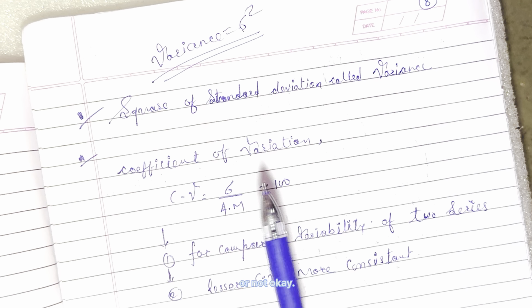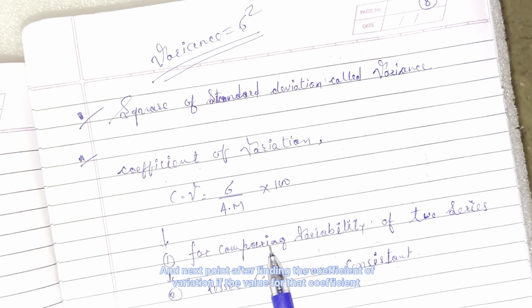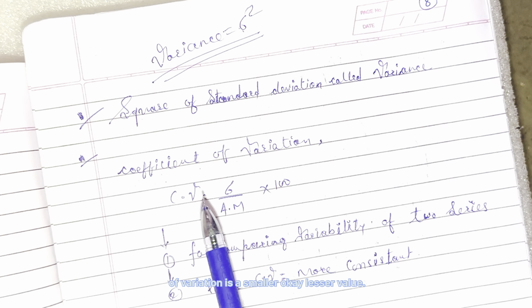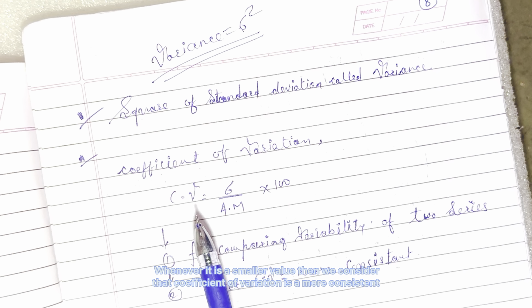After finding the coefficient of variation, if its value is smaller, we consider the data more consistent.